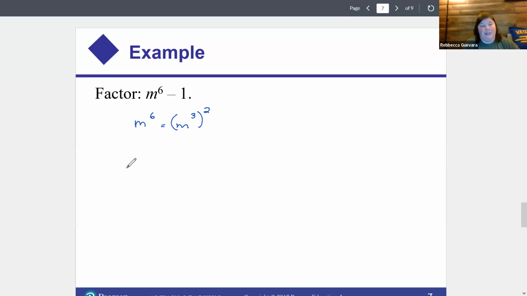Or you can say it's m squared to the 3rd. Use one or the other. So I'm going to change m to the 6th to m squared to the 3rd minus 1. So now we actually have a difference of cubes, because 1 could be a cube.